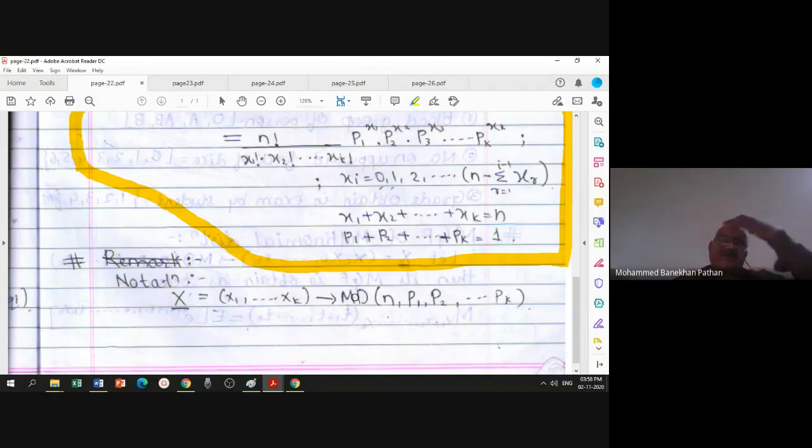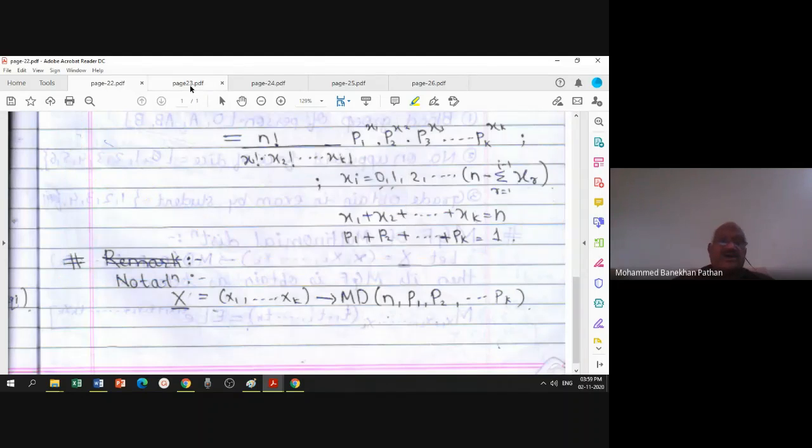So k comma p are known as parameters for NBD. Similarly, for multinomial distribution with k variables, I require n as the number of repetitions of the experiment, and these are the probabilities for each of the variables. So this is the notation for your multinomial distribution.